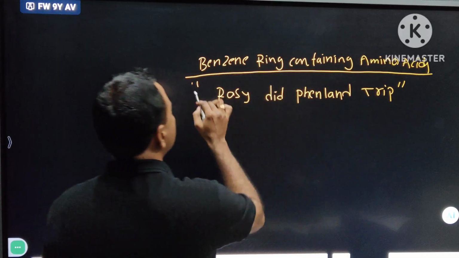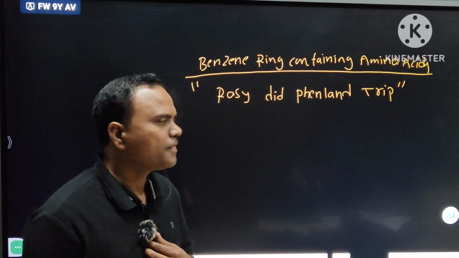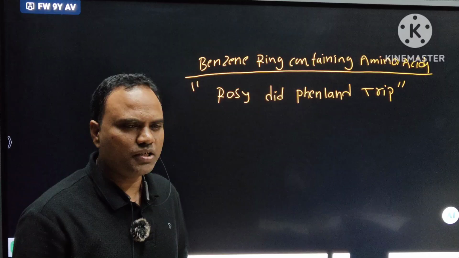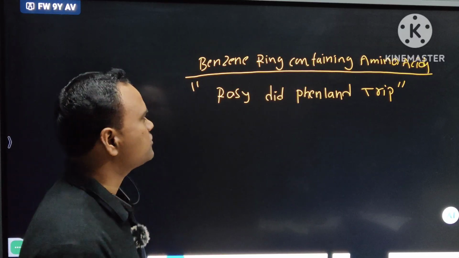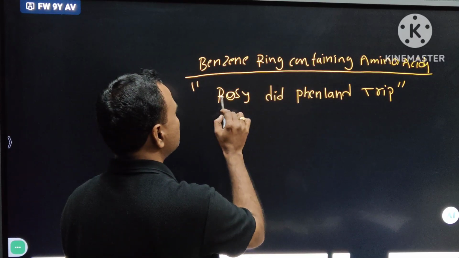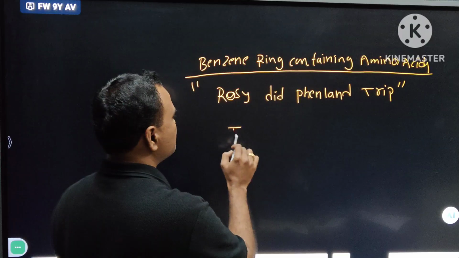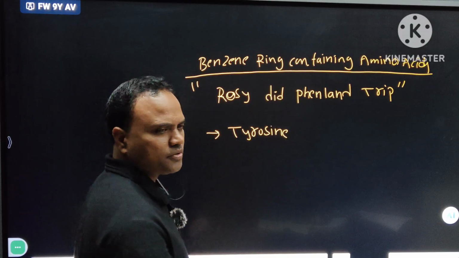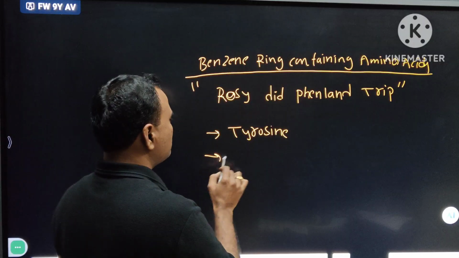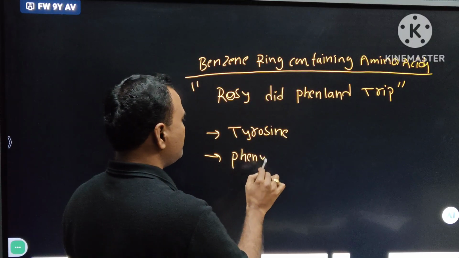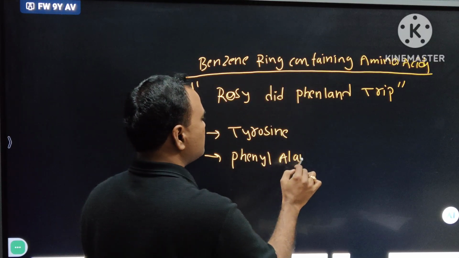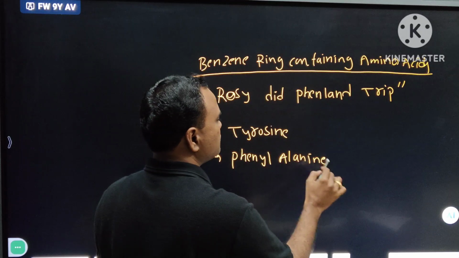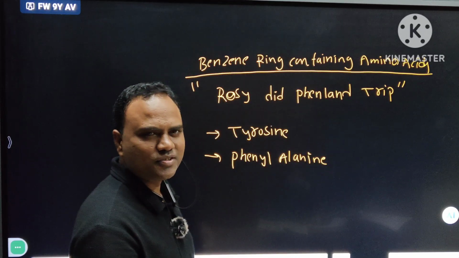What is the code for benzene ring containing amino acids? Rosie did Finland trip. Guess? Rosie means tyrosine. Finland means phenylalanine. Trip means tryptophan.